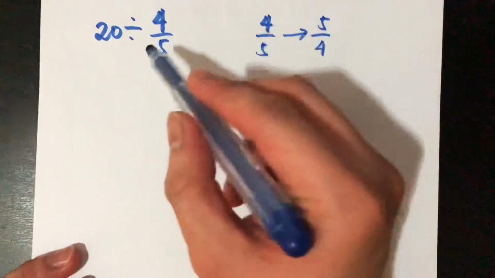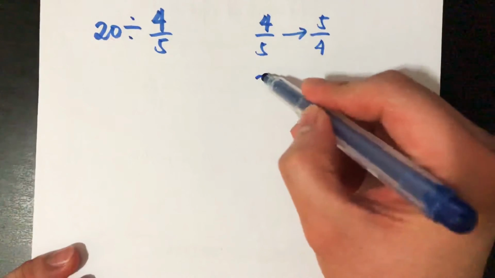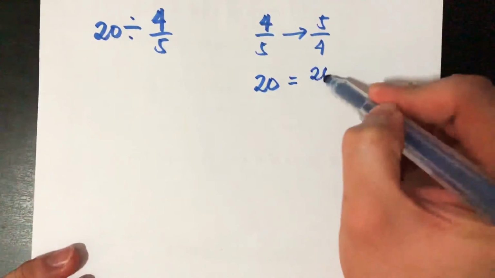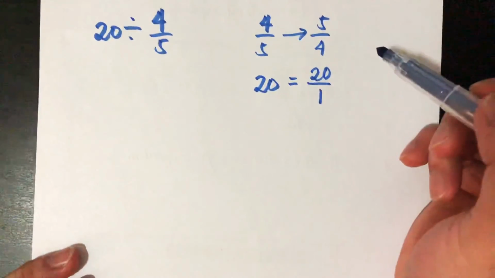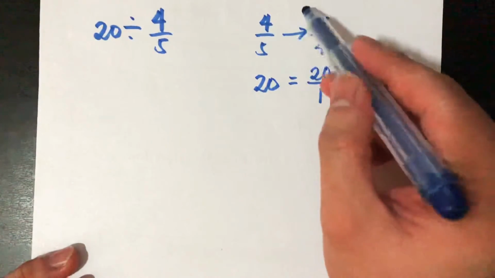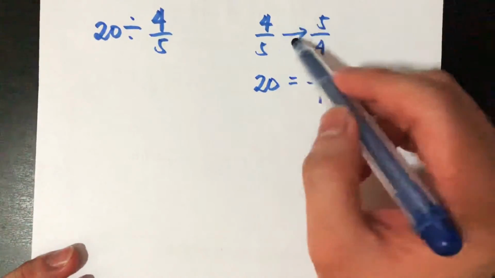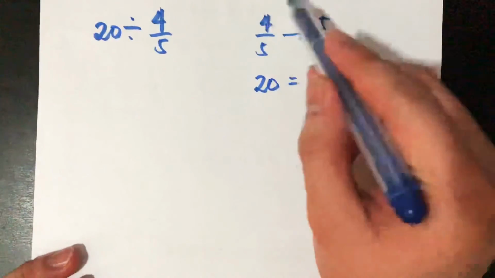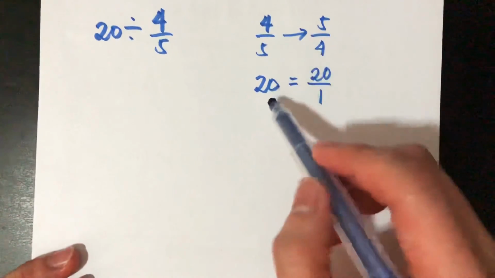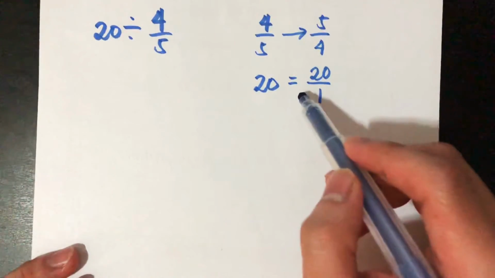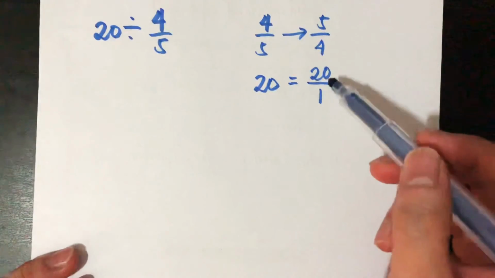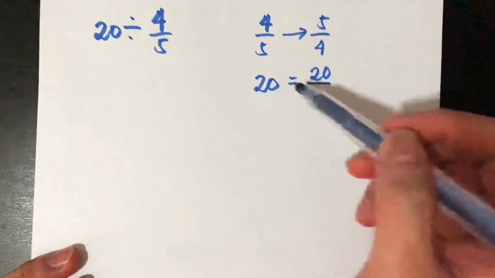And since 20 is a whole number, it is understood that this is equal to 20 over 1. As you can see here, I use different symbols. For this one, I use an arrow just to show that I changed this one to this one, but they're not the same. And for this one, I use an equal sign just to show that 20 and 20 over 1 are the same.